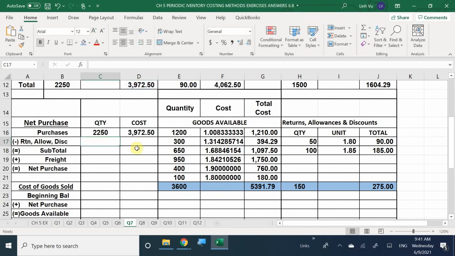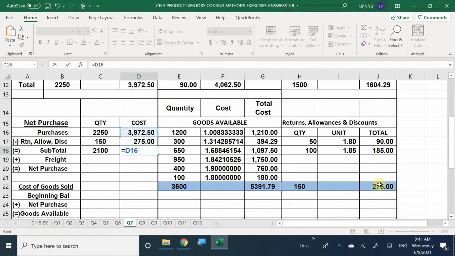How many items did I return? 150, at a total of 275. So what is going to be my subtotal here? The 2100. And my cost? 3697.50. Good.